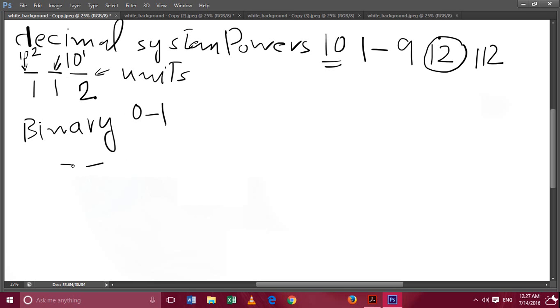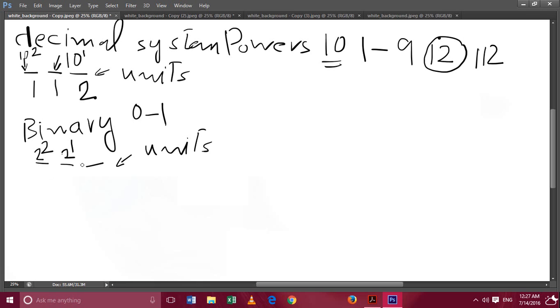Let's take an example. Again, this very first place we'll call the units place, and this second place has a value of 2 raised to the power of 1, and this place here will have the value of 2 raised to the power of 2.